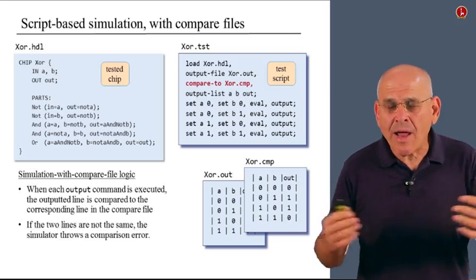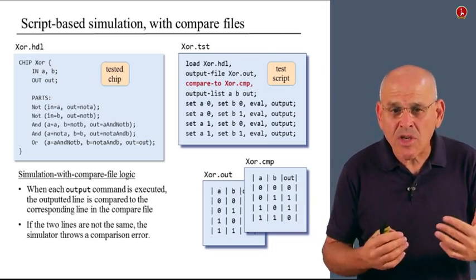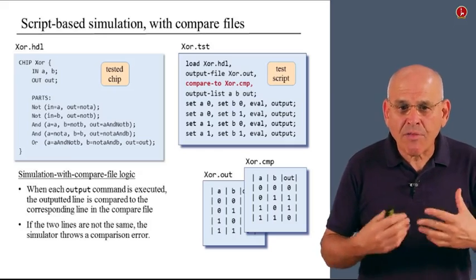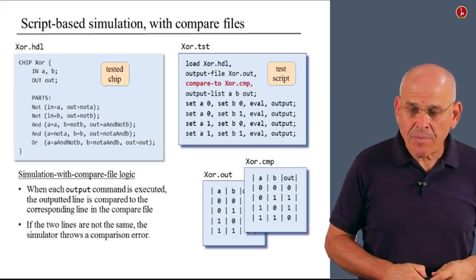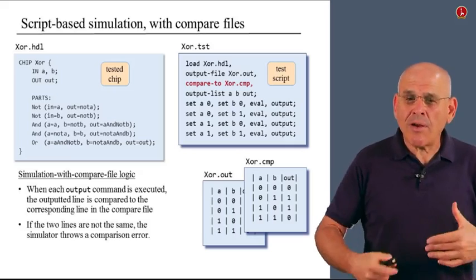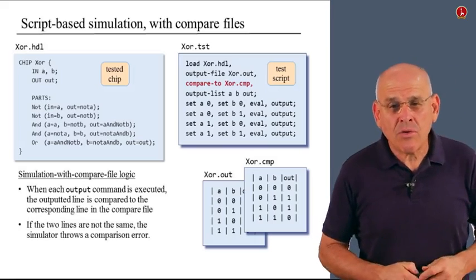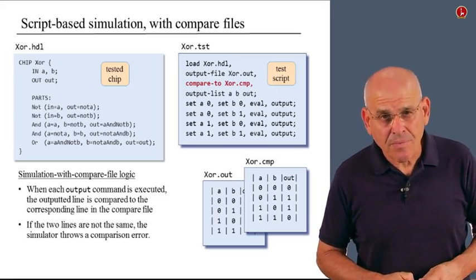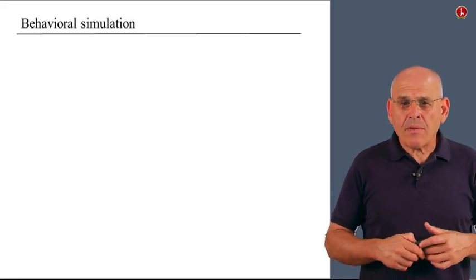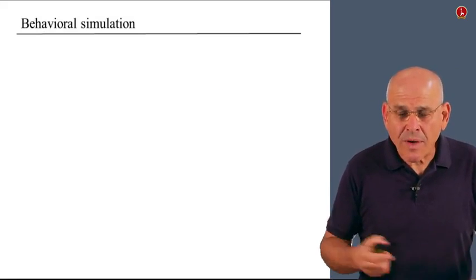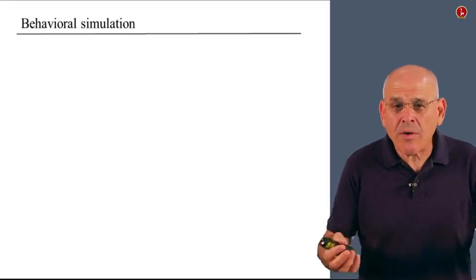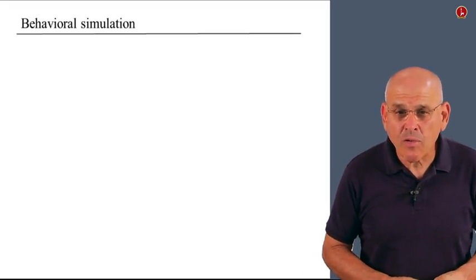And if the two lines do not agree with each other, the simulator will throw a comparison error. So this gives us the ability to not only record the outputs of the chip, but also compare them to desired results. So you probably ask yourself, once again, how do we generate these compare files to begin with, right?